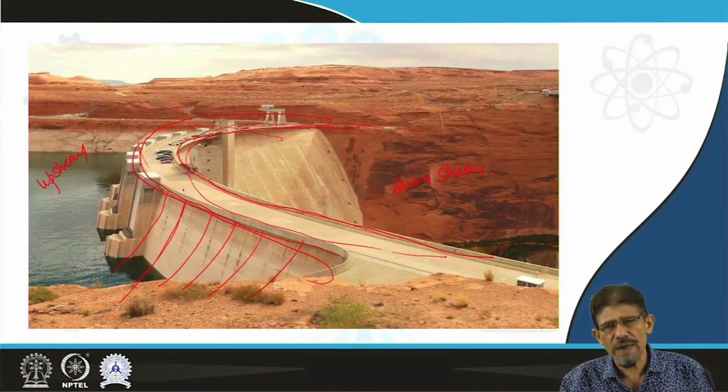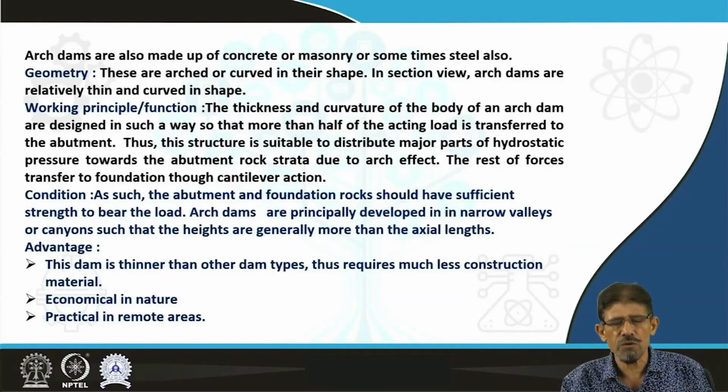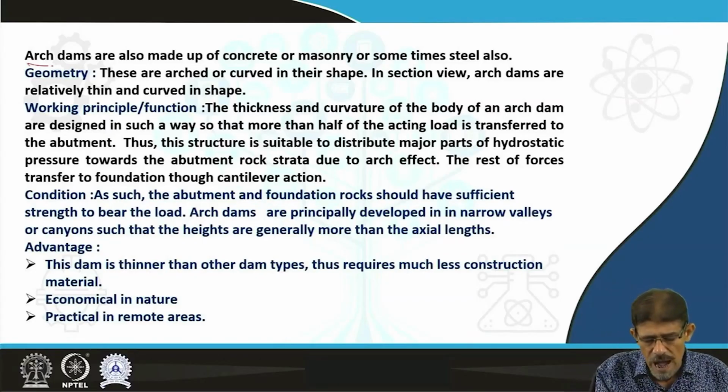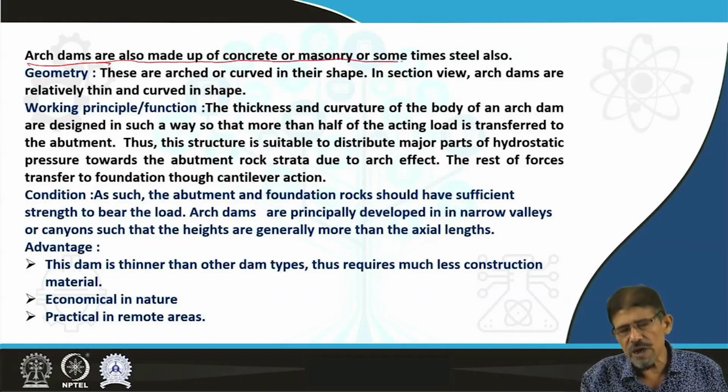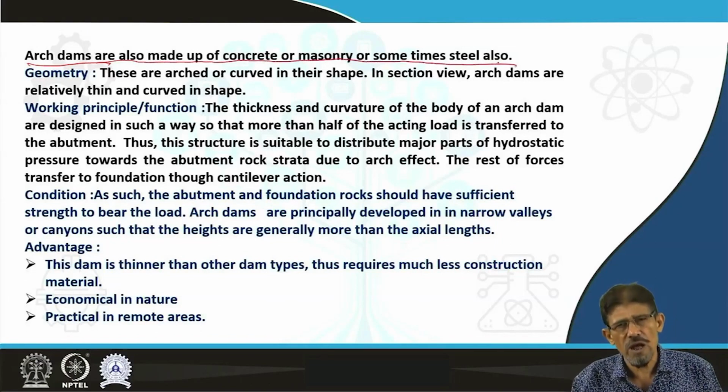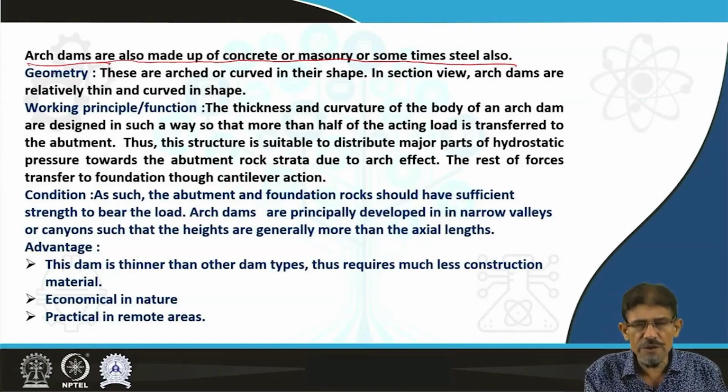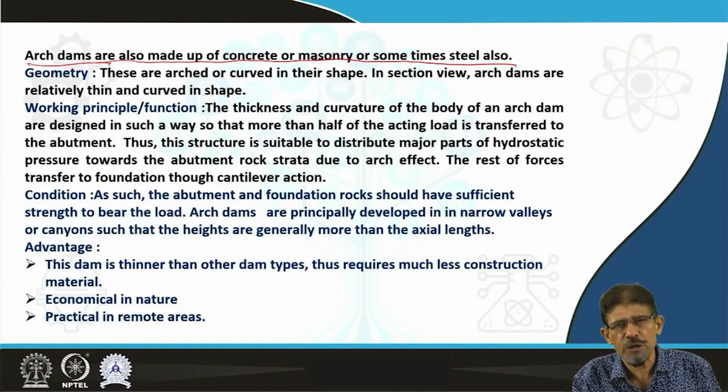So one by one we are going to discuss different aspects of this dam under different headings. The arch dams are made of concrete or masonry, and sometimes steel for localized purposes. As far as geometry is concerned, the name itself explains it is arch in shape.